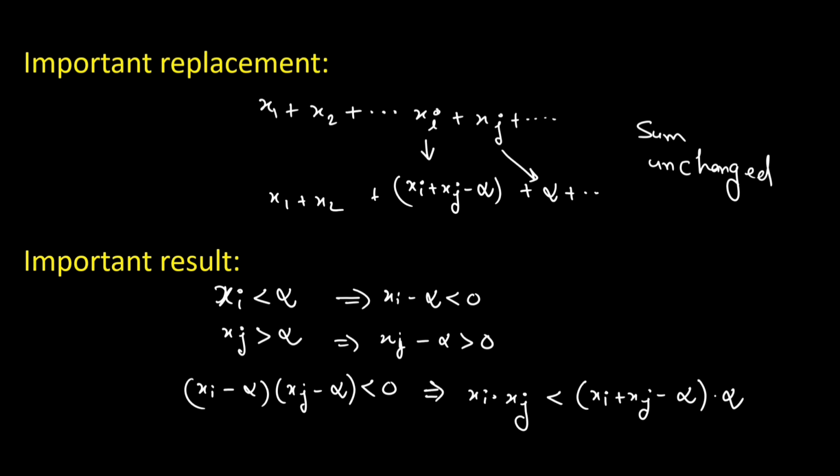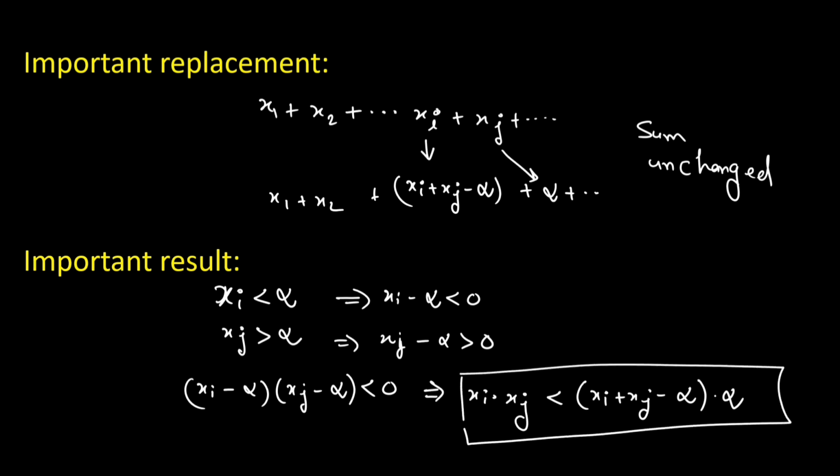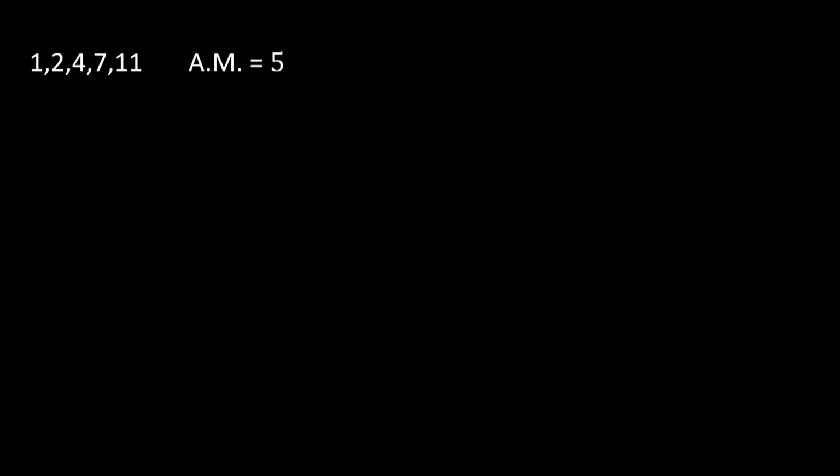Now this result is very important for us, and this is the important replacement we will use. So let's start. We can write 1 times 2 times 4 times 7 times 11, and let's pick a number which is less than 5 and a number which is greater than 5. Definitely we will get one number less than 5 and one number greater than 5.